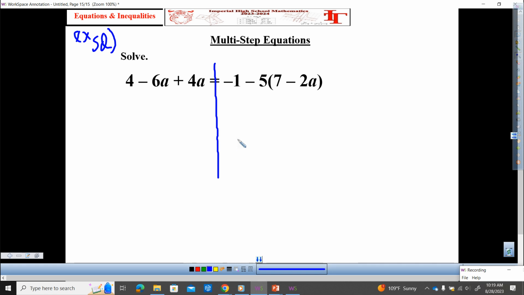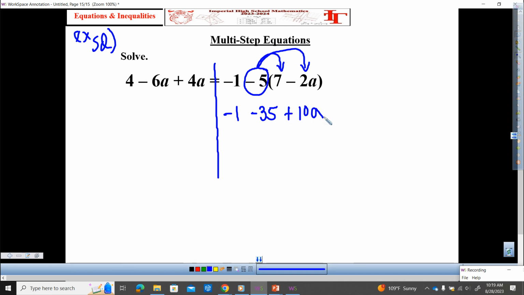Which side are you starting with, Noah? The right side? What do I do? Multiply? Yeah, so we're going to multiply the negative 5 to both terms. So we end up with negative 1. And we got negative 5 times 7 is negative 35. Negative 5 times negative 2a, that's positive 10a.